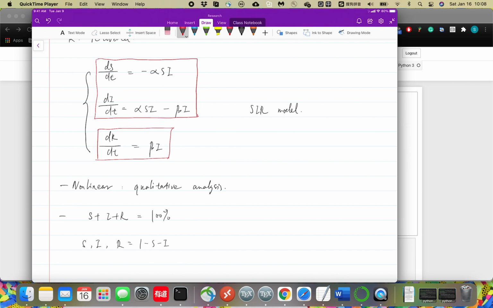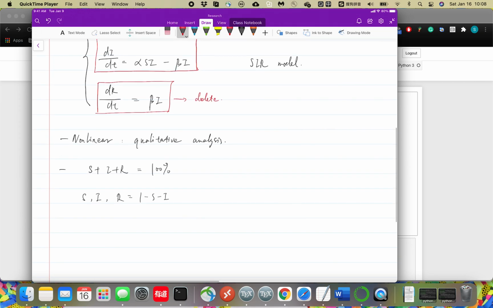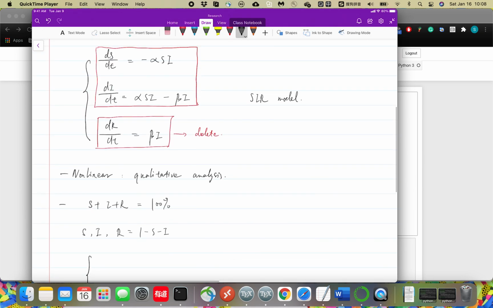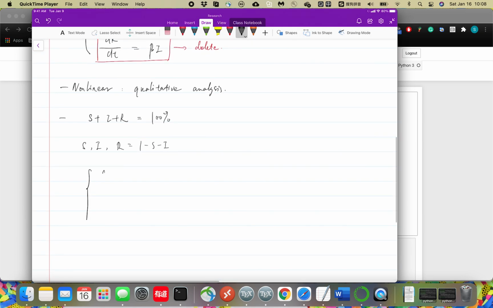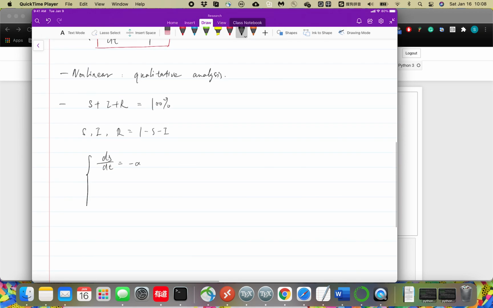These 2 together form a closed 2-dimensional differential equation system. With or without R, that doesn't change the dynamics of these 2 species. So what we can do is delete this and only keep the first 2 because they do not involve R. This is something we call partially decoupled, remember? Then we need only to focus on this.